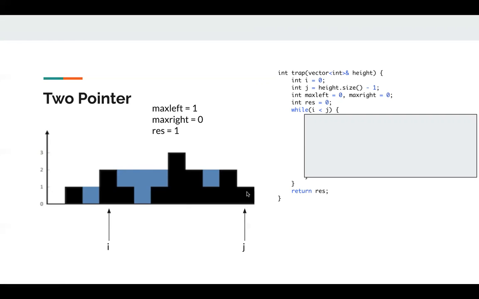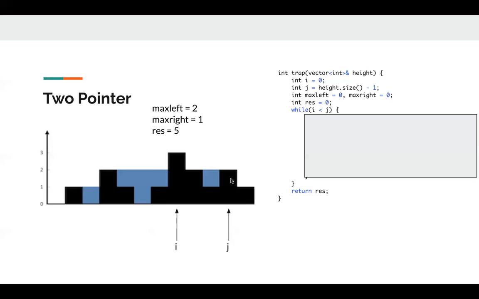Now height j is smaller, so we move j and update max right. Now we move i, then update max right. Now we also move i and add to result. We do the same, since height i is smaller, so we move i and add 2 units here. At this point, we can add 1 unit here.